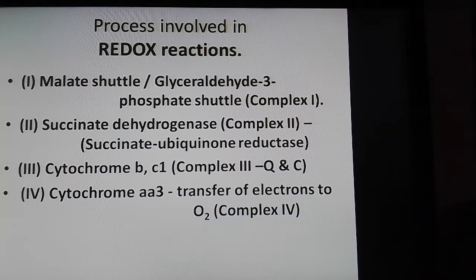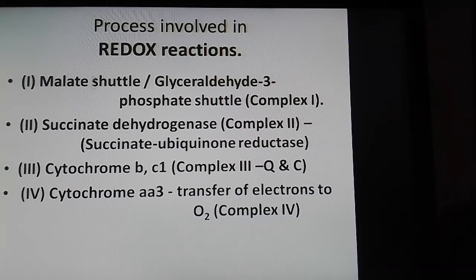So the electrons available with the NADH are transferred to the inner part of mitochondria by the malate shuttle. But the remaining metabolic activities like oxidative decarboxylation, that is pyruvic acid to acetyl coenzyme A, and then the Krebs cycle, and even the beta oxidation of fatty acids, all may happen within mitochondria using the mitochondrial NAD and reducing it into NADH, and that would be available inside the mitochondria.